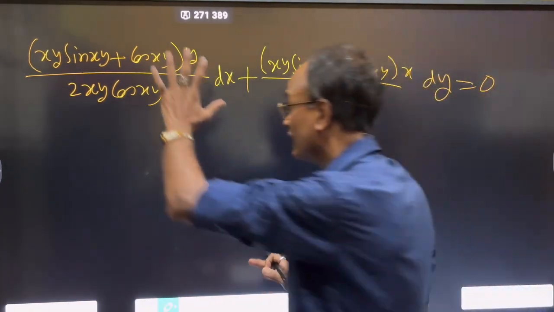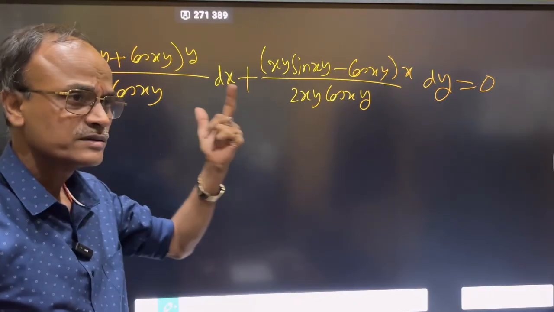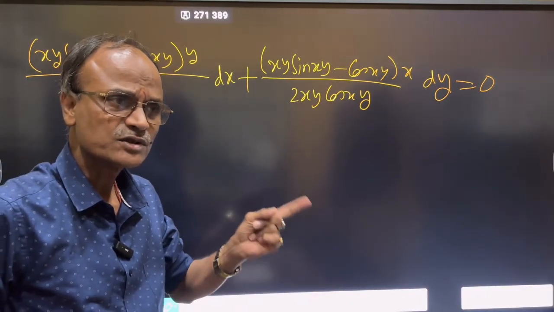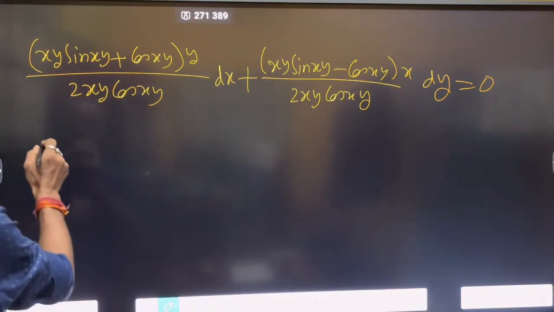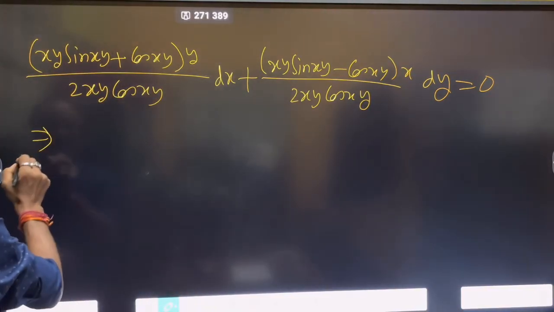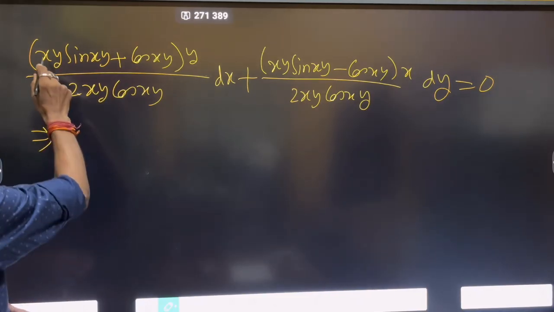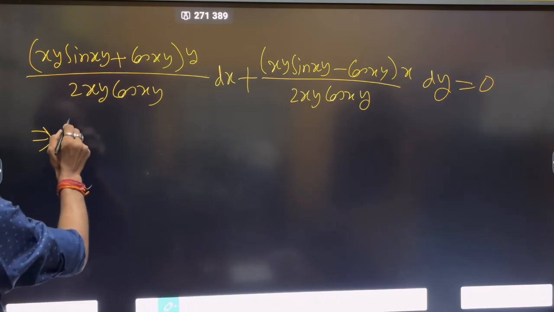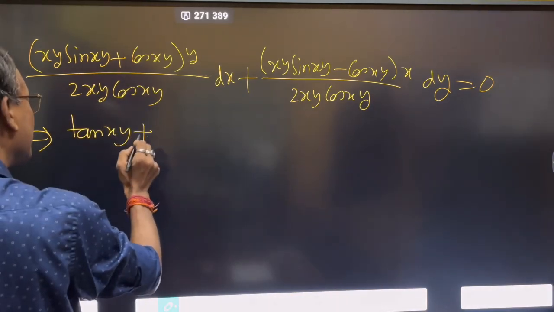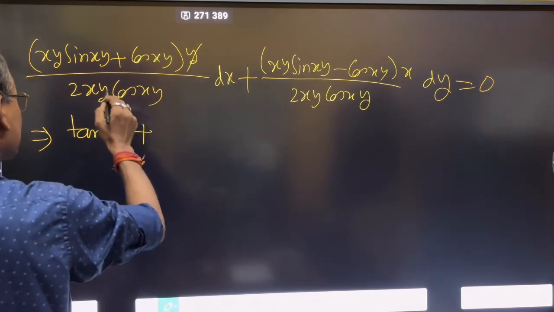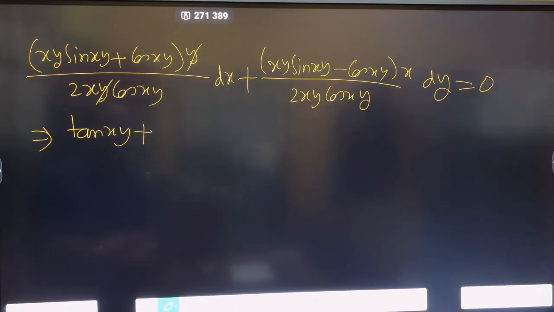Now this is M, this is N. Del M by del y will be equal to del N by del x here. Now you may write xy sin xy divided by cos xy, it will be tan xy, plus this. The y will be cancelled.